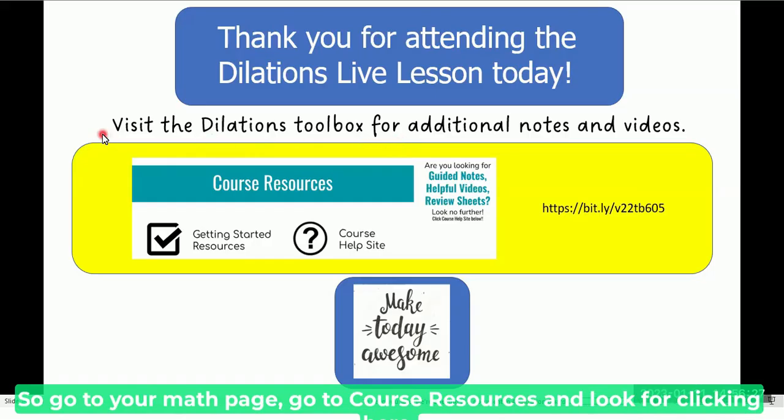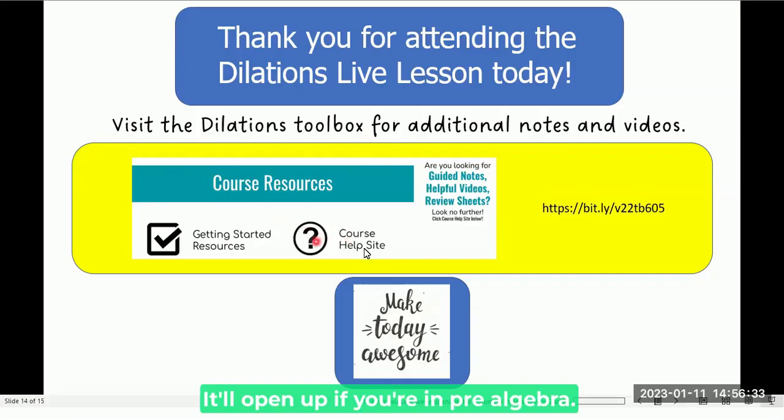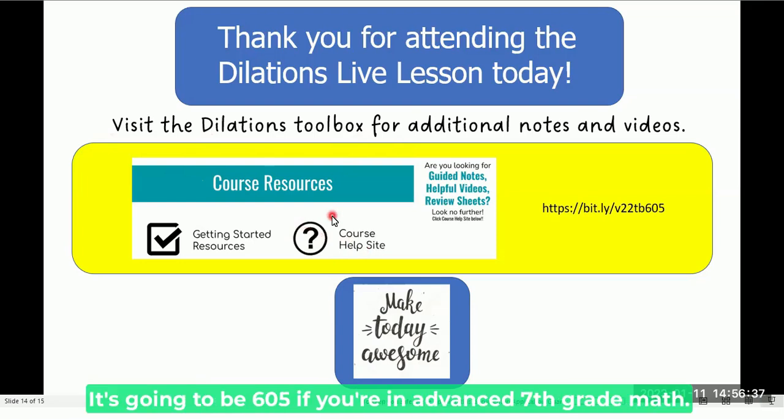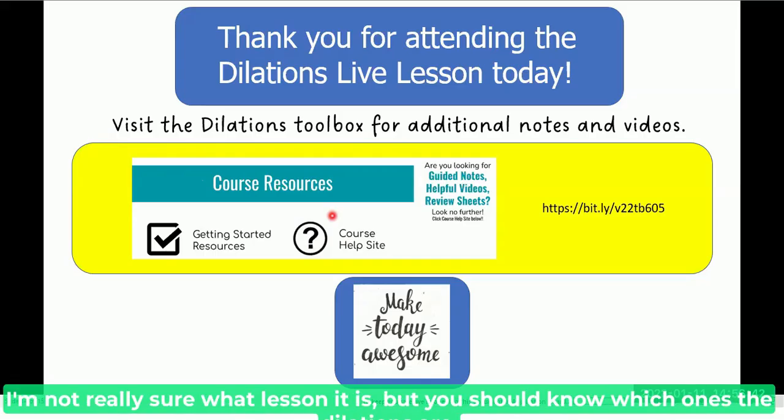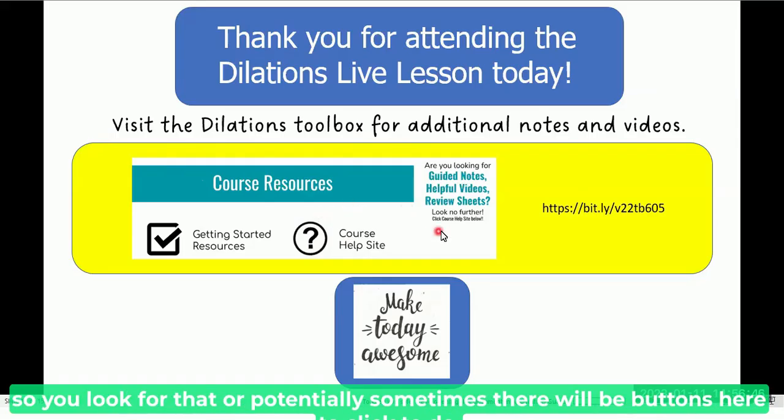So go to your math page, go to course resources, and look for clicking here. It'll open up, if you're in pre-algebra, it's going to be 605. If you're in advanced 7th grade math, I'm not really sure what lesson it is, but you should know which ones the dilations are. So you look for that, or potentially sometimes there will be buttons here to click too.